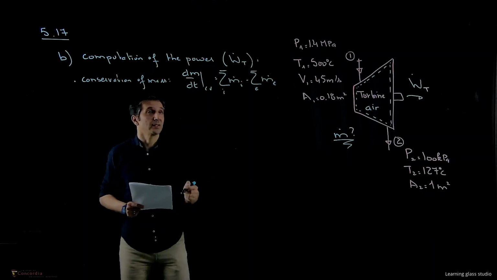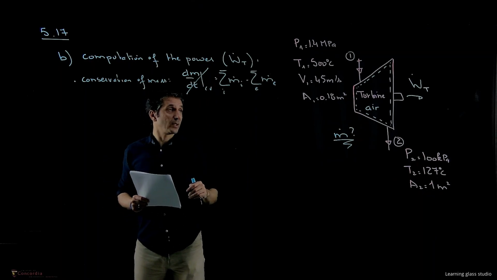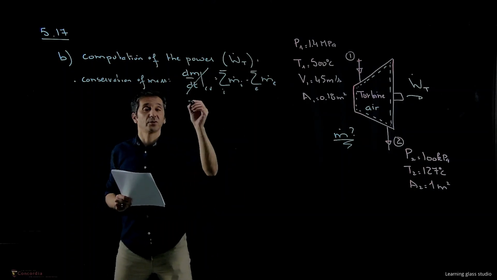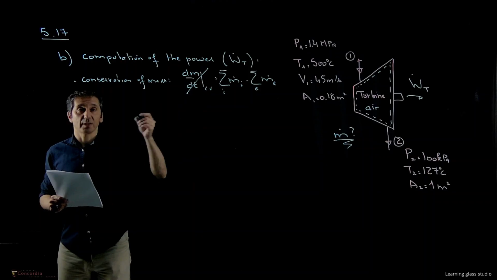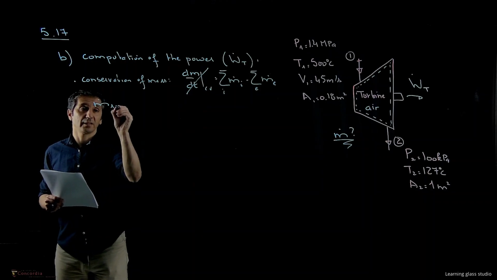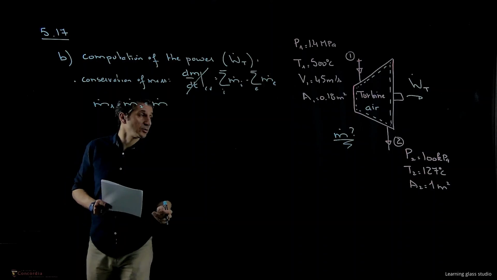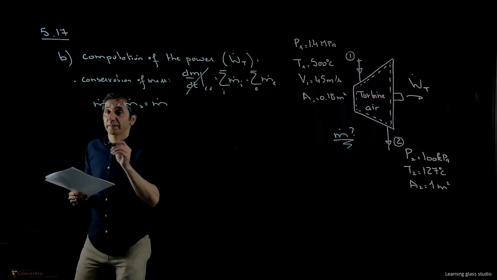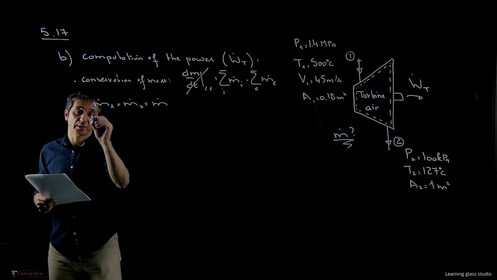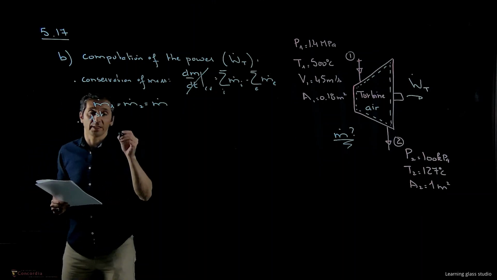We can consider steady state here, with one inlet, one exit. So this will lead to 0 is equal m dot 1 minus m dot 2, or simply m dot 1 is equal m dot 2, and let's call it m dot to make our life easier. So this is good. Next step, first law of thermodynamics. We are looking for the power, so we'll be using the first law of thermodynamics.